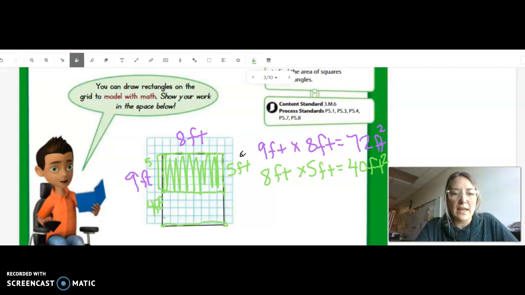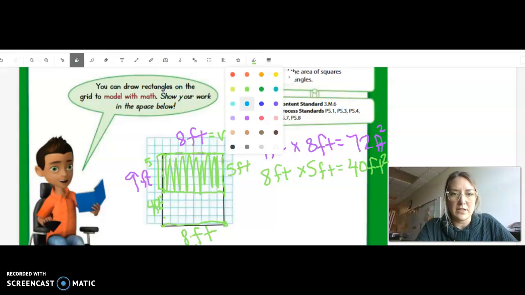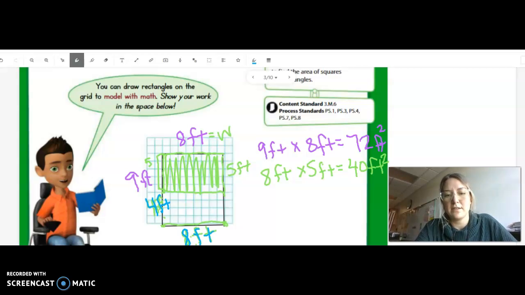And I know that if 8 feet at the top is the width, that is the same at the bottom. 8 feet. Sorry, I should have been using a different color. I have 4 feet for my length and 8 feet for my width.